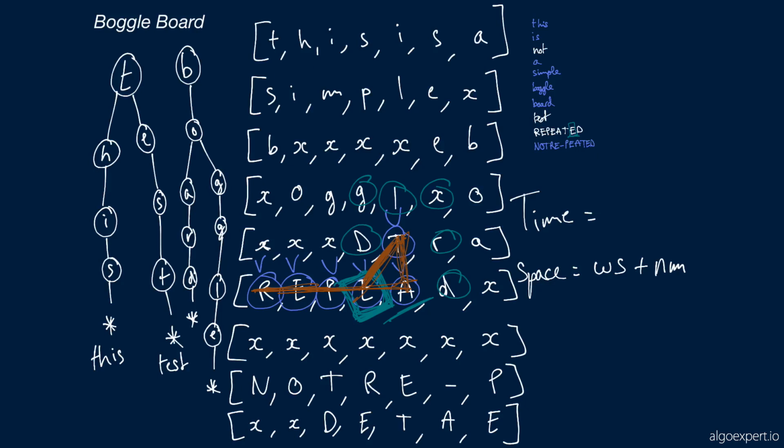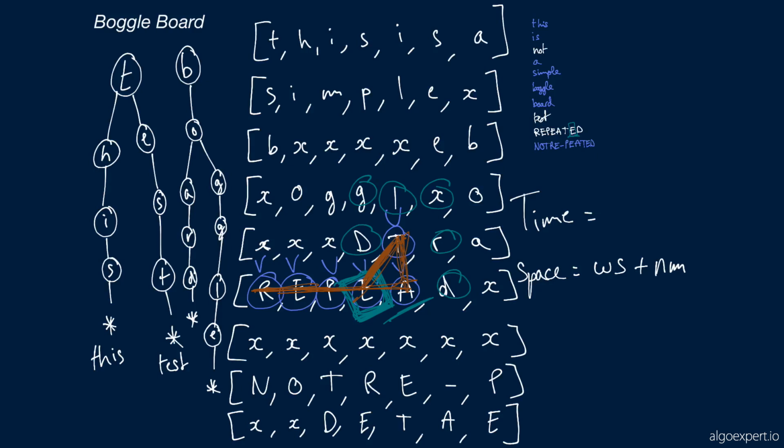But you can imagine that we're never going to have more than S function calls, recursive calls on the call stack at once, because the longest string or the longest word that we're given has length S. So at most, we'll have S recursive calls on the call stack. Let's go with the longest word here, which I think is not re-peated, right?